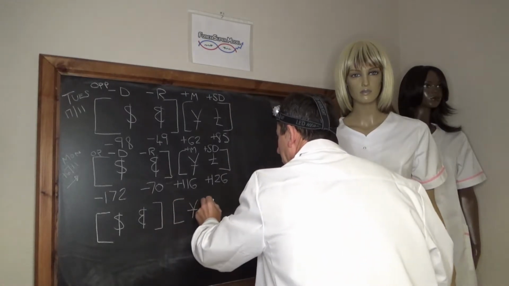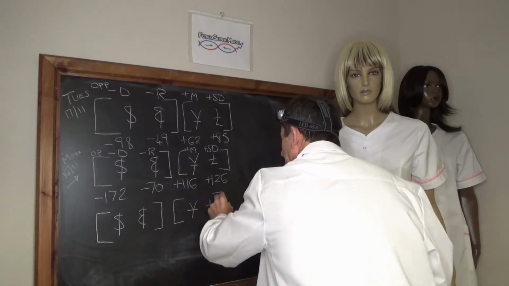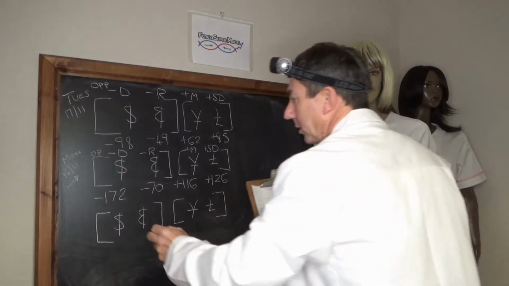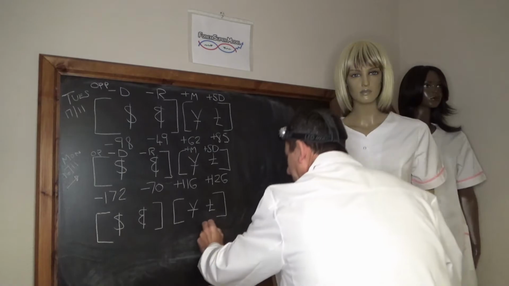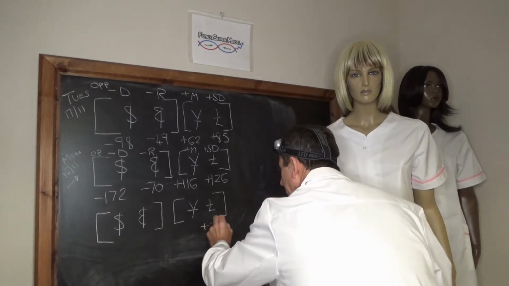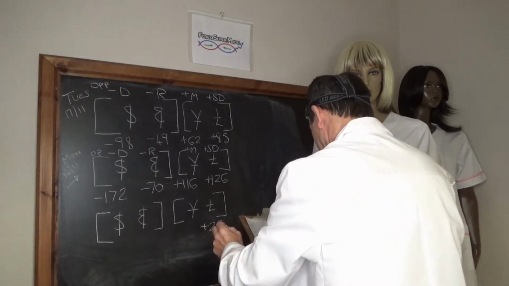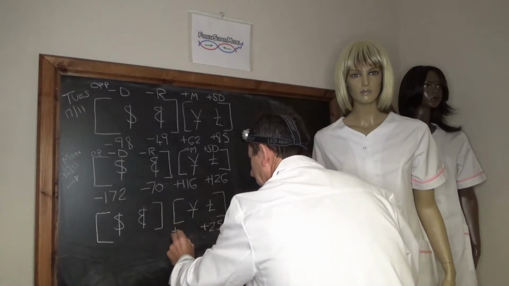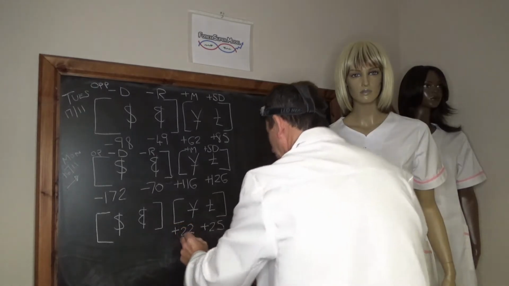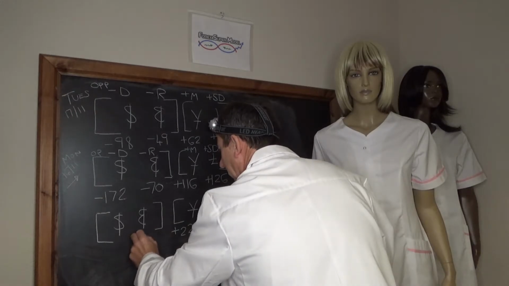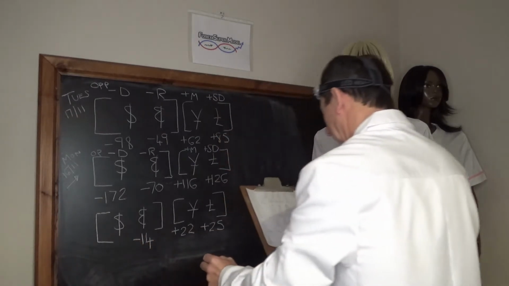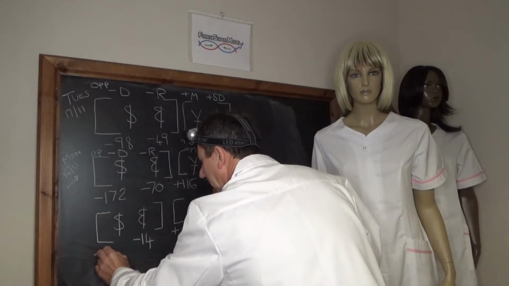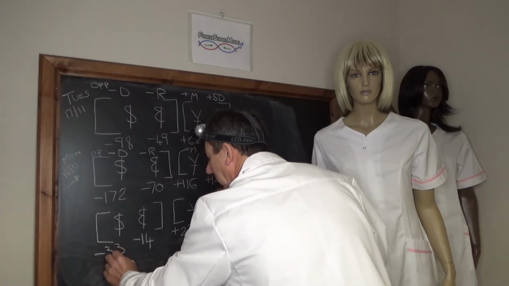Yen, pound. So this is what we got: plus 25 on the pound, plus 22 on the yen, minus 14 on the euro, and minus 33 on the dollar.